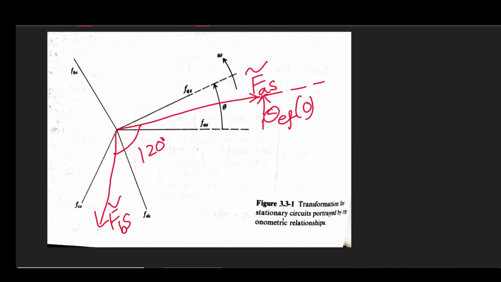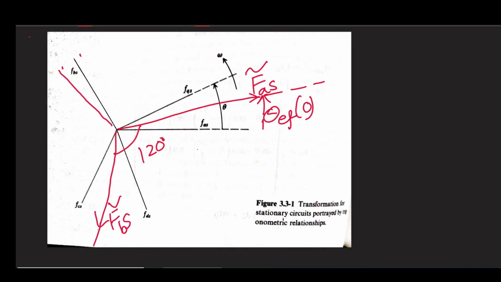See, in phasor, all of them are equal magnitude and they are maintaining the same relationship, right? So this is very, very important for us to note that phasors always maintain the same relationship of this 120 degrees.